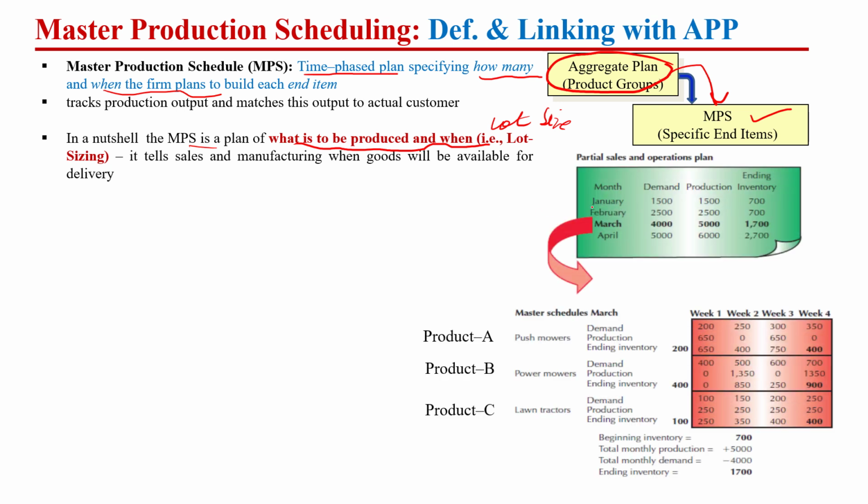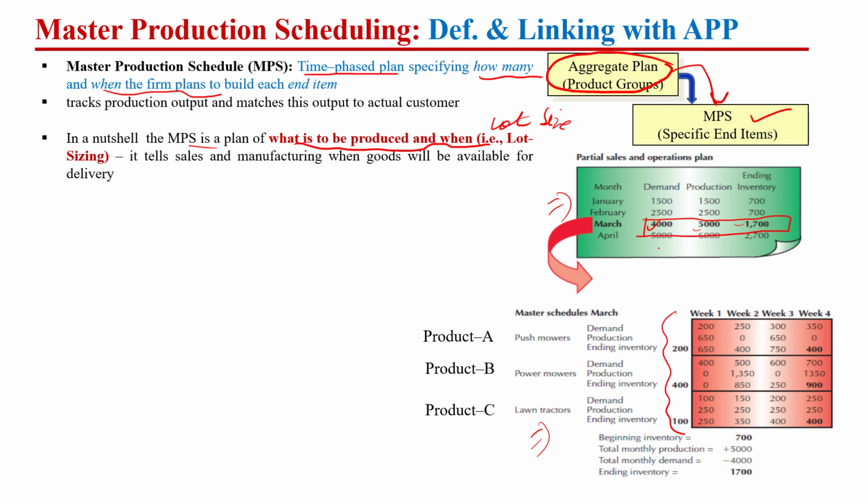In this particular diagram, I'm showing the relationship between the aggregate production plan and the master production schedule. If we are talking about the month of March, we have to meet the demand, the production and the inventory over these three products, which we will discuss later in detail.